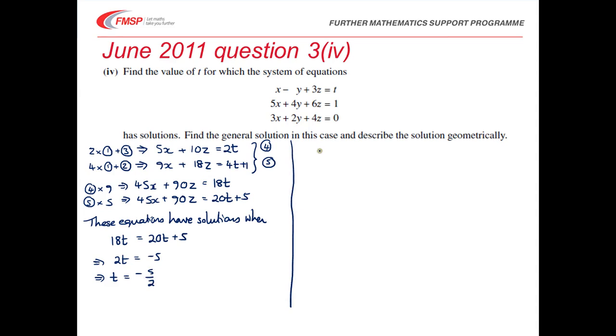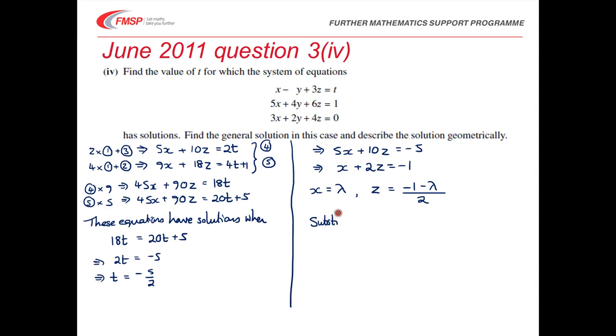What that means is that 5x plus 10z must be equal to minus 5, which means that x plus 2z is minus 1. So if I say that x is equal to the parameter lambda, then z is equal to minus 1 minus lambda all over 2.